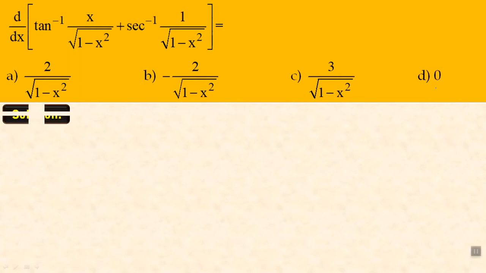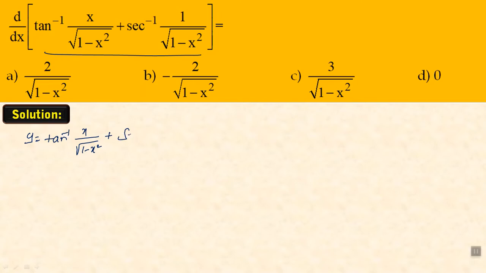Let us find this. Here let y is equals to tan inverse of x by root of 1 minus x square plus secant inverse of 1 by root of 1 minus x square. In this, put x is equals to sine theta.